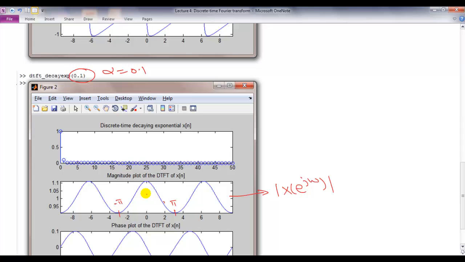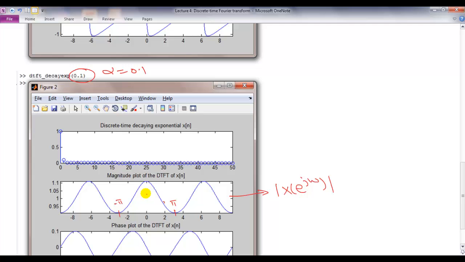Okay, and the ultimate of that is if I take alpha equal to 0, or very, very close to 0, it's going to look more and more like an impulse function, and the high frequencies will keep on increasing.